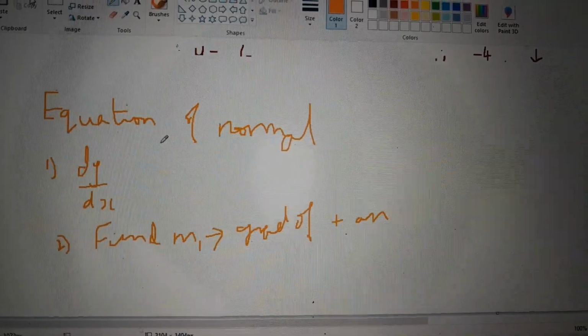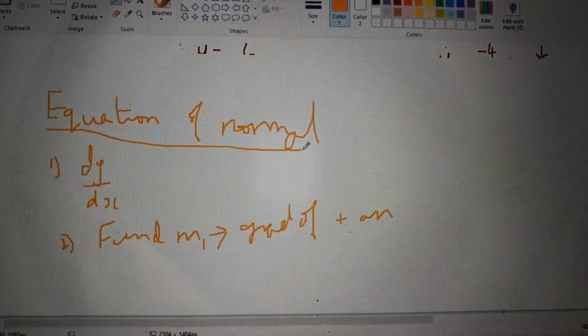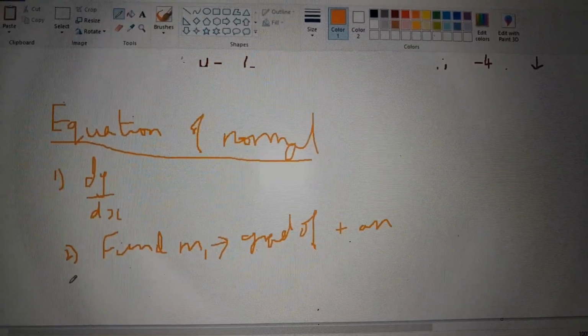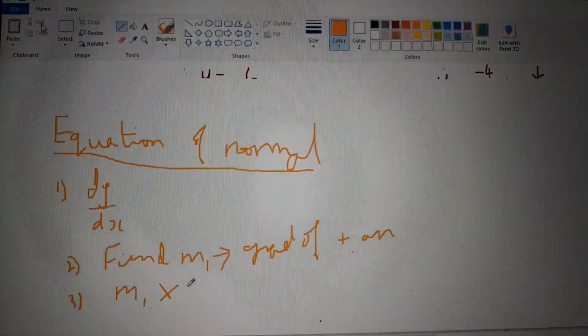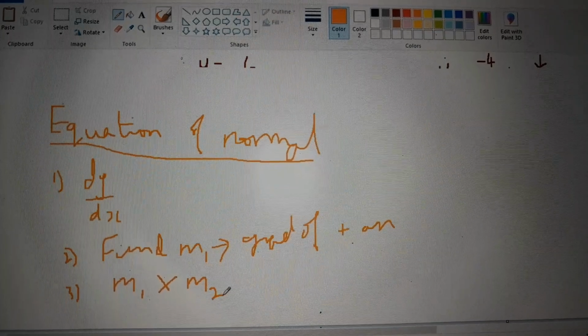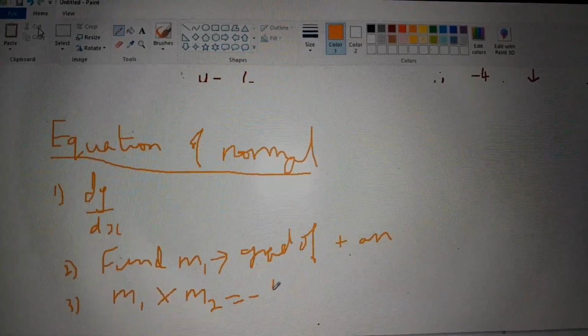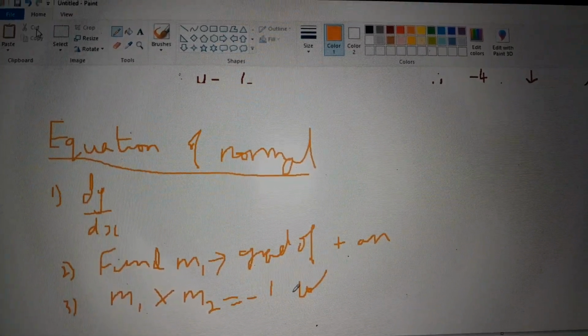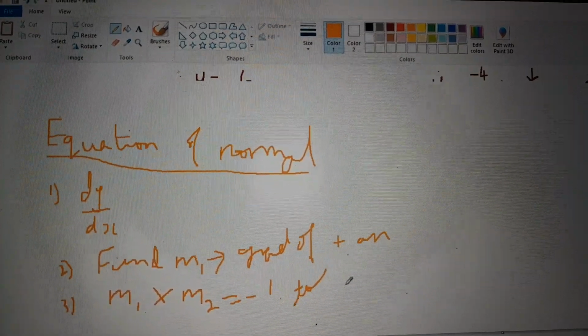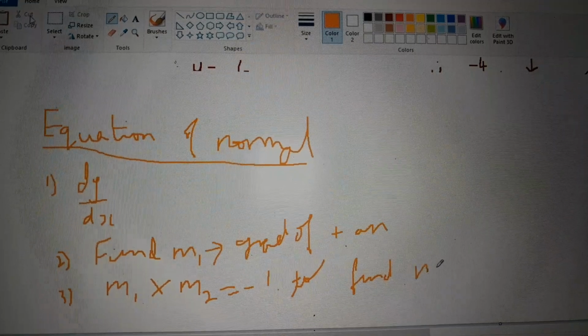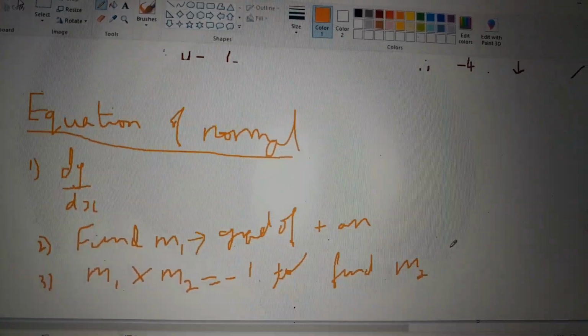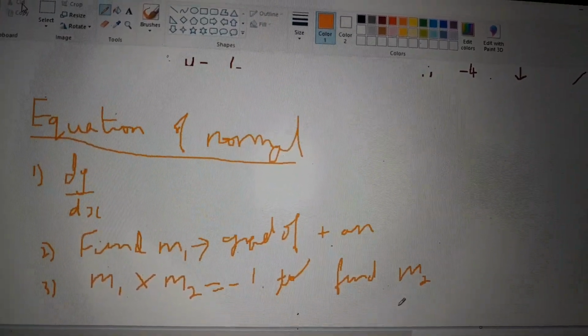But they didn't ask me to find the equation of the tangent. They asked me for the normal. So the third step would be to use this formula to find the gradient of the normal. Are we good so far?